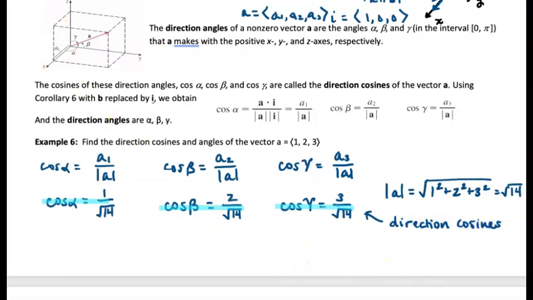So how do we find the direction angles? Well, just by taking the arc cosine. We can find alpha by taking the arc cosine of 1 over root 14. And this will give us about 74.5 degrees.